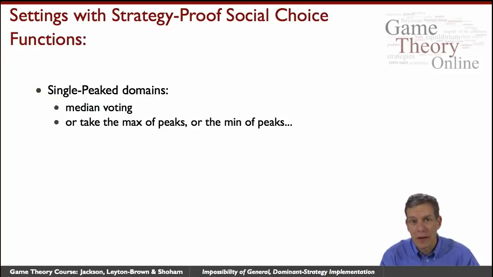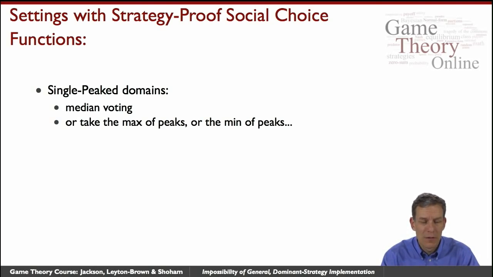We've already seen one, in fact: median voting on a single peak domain. As we mentioned there, if you're asked for your preferences, you have no reason to try and distort your preferences. The median peak wins, and the only way to change that is to flip over and announce something on the other side, which would be worse for a given individual. You could also take the max of the peaks.